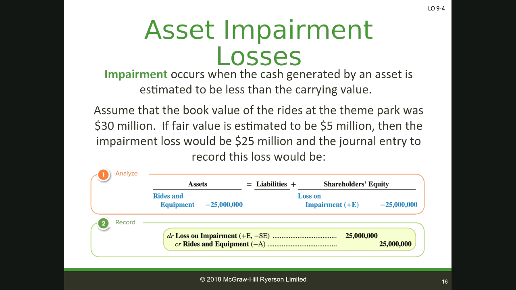Now, the reason I'm suggesting that you would have a separate account for that item is that the CFO and the CEO normally want to know what is the actual historical cost of their assets. So if we credited rides and equipment on the balance sheet directly, that would lower the cost by $25 million, right?